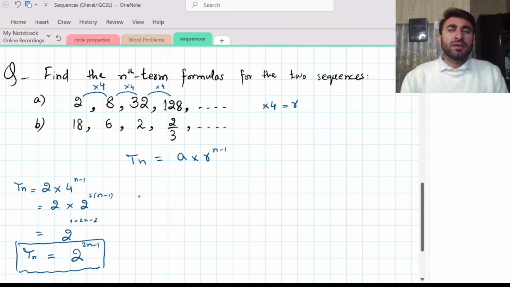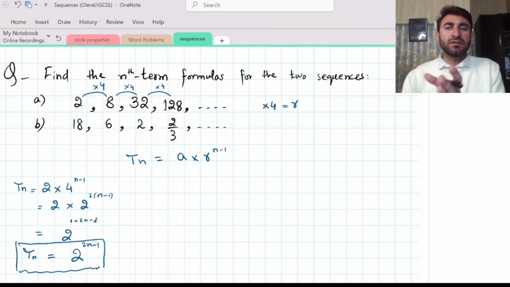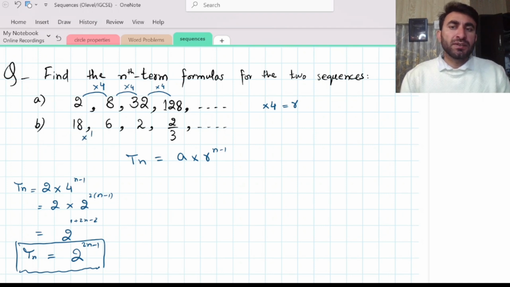Now we come to part B, where the sequence is a decreasing sequence. The terms are 18, 6, 2, 2 upon 3. Basically we are dividing by 3, and dividing by 3 means we are multiplying by 1 upon 3.